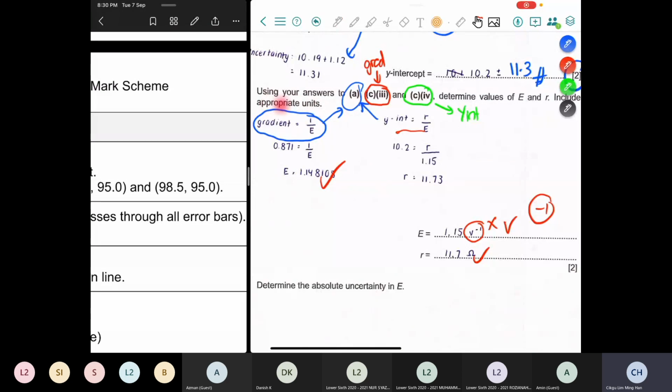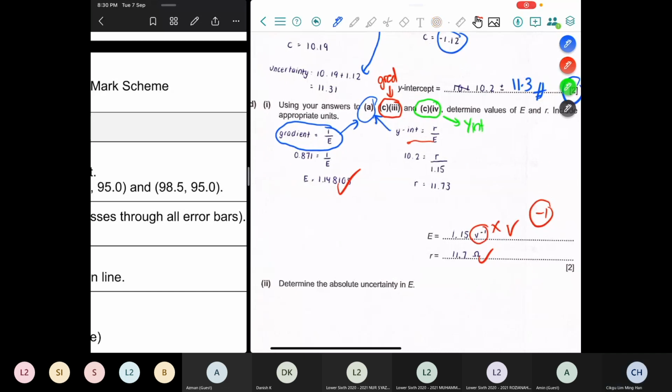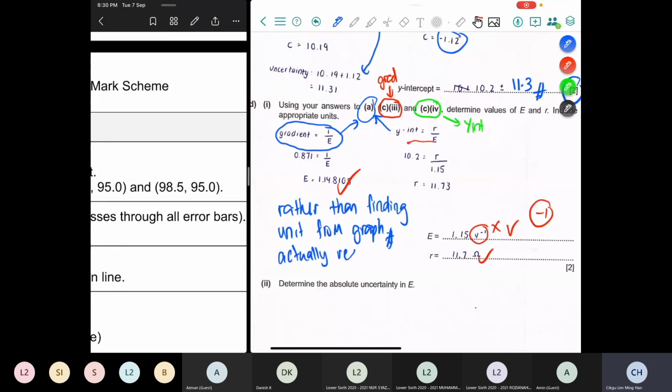Now, one easy way is, rather than finding the unit from the graph, you can actually read the front page. Read the front page for information. Let's see what kind of information is in the front page.